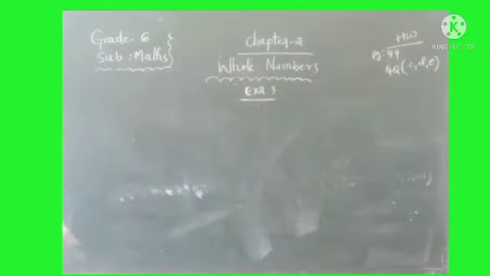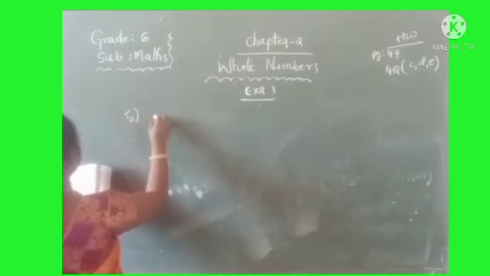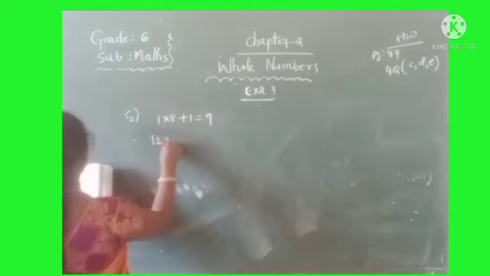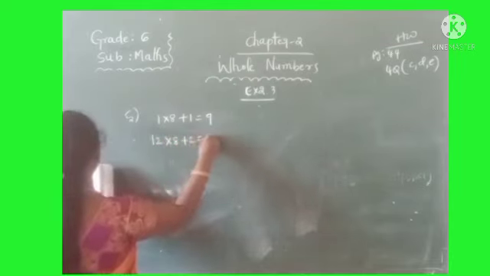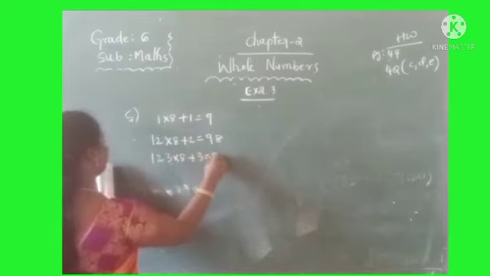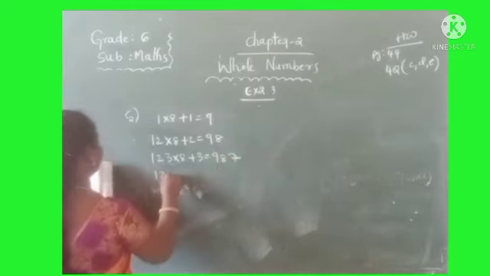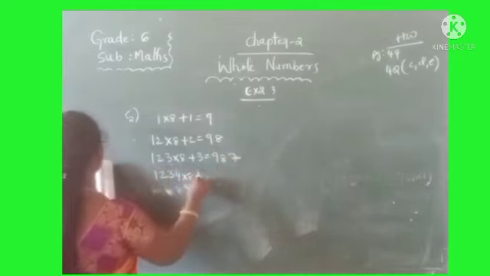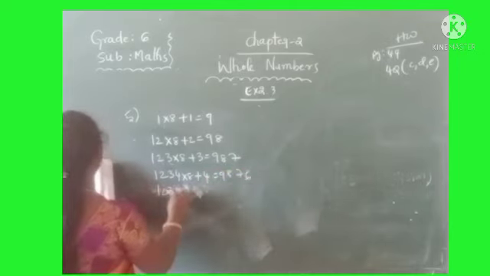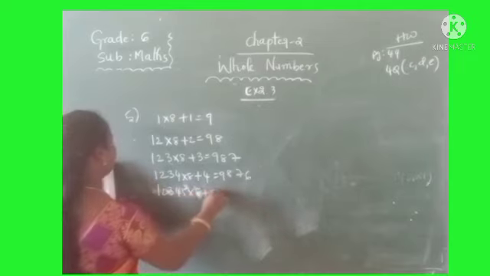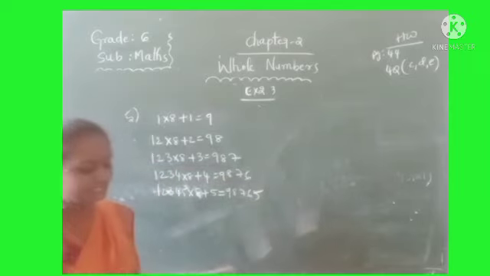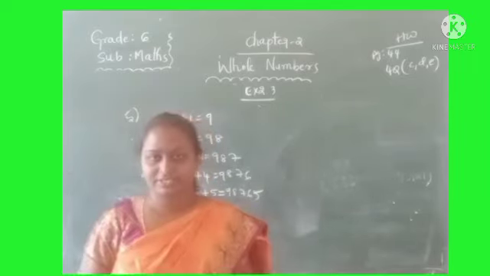Similarly, here the problem is given, that is the pattern: 1 into 8 plus 1 is equal to 9. 12 into 8 plus 2 is equal to 98. 123 into 8 plus 3 is equal to 987. 1234 into 8 plus 4 is equal to 9876. 12345 into 8 plus 5 is equal to 98765. Right, next two steps. Can you say how the pattern works?